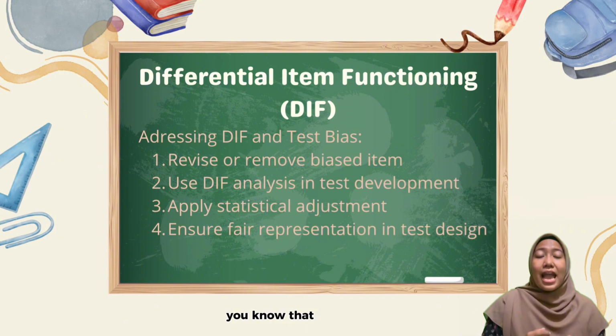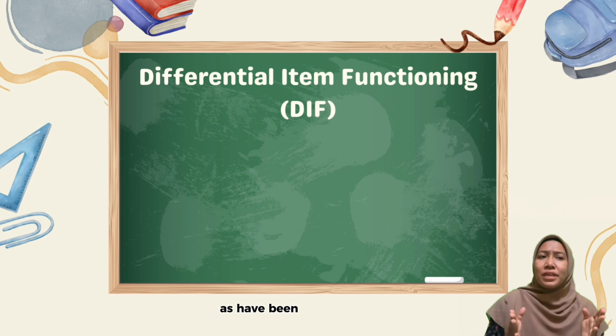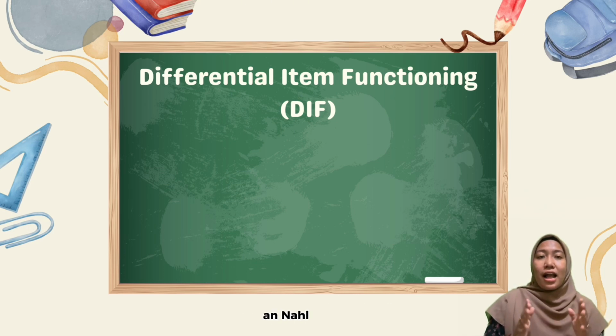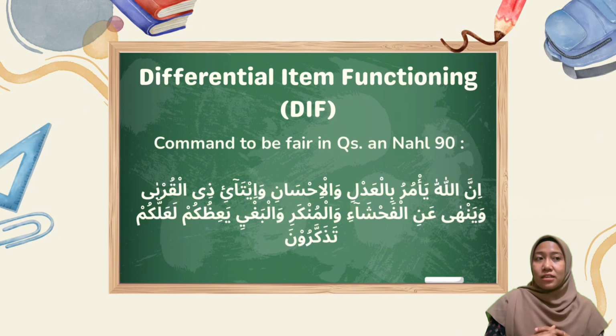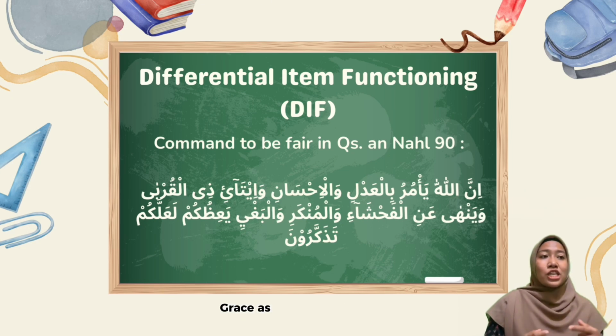You know that as teachers, of course, we have to be fair. As mentioned in the Al-Quran, Surah An-Nahl, ayah 90, the meaning is, indeed, Allah commands justice, grace, as well as generosity to close relatives.